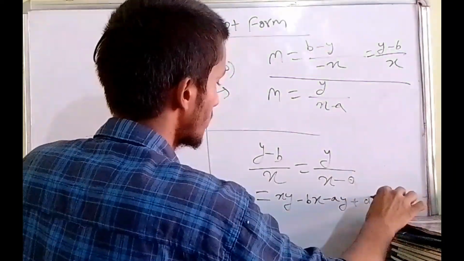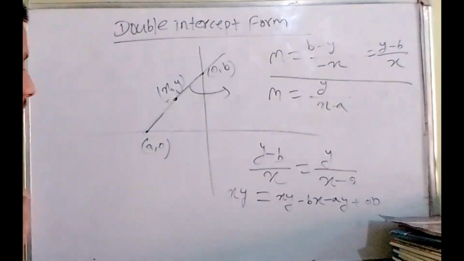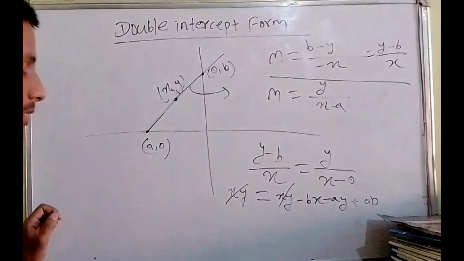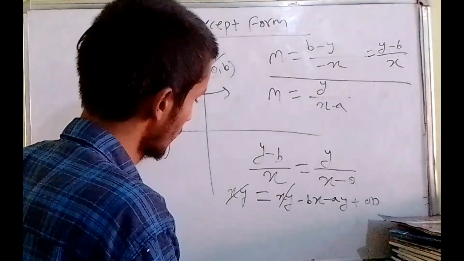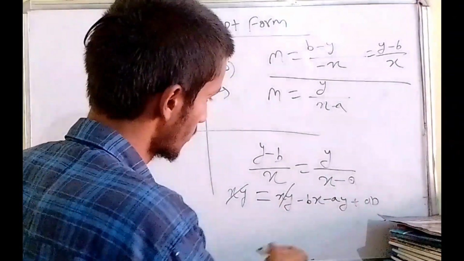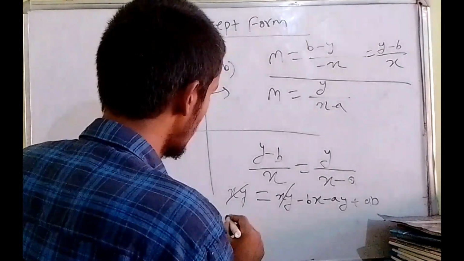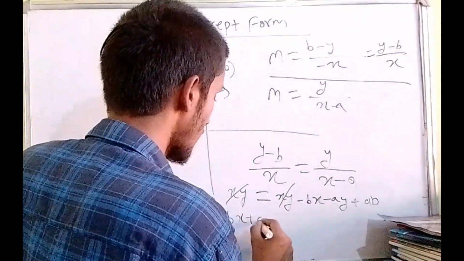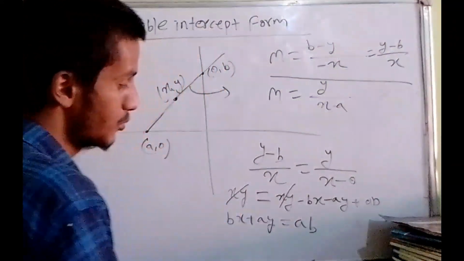Now these xy and xy will cancel out because they have the same term on opposite sides of the equality. Let's bring these two onto this side, so ab is left alone, just like we did previously. So bx plus ay is equal to ab.